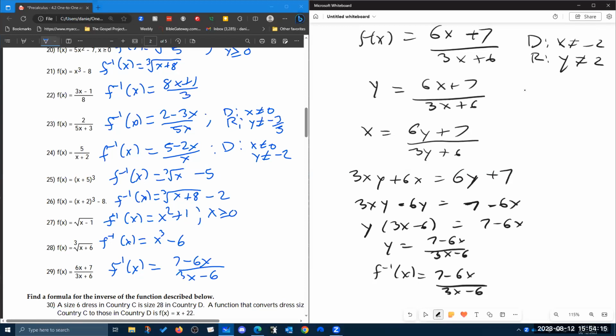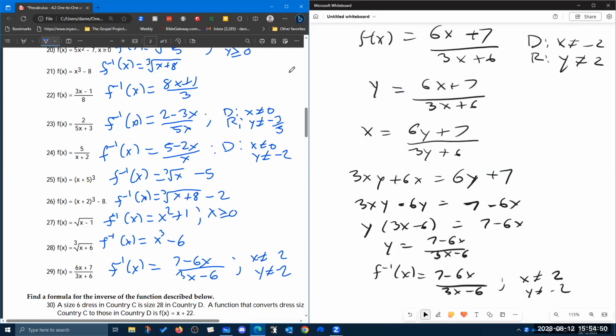And you're going to see that down here, x can't be 2, and y can't be -6 divided by 3, which is -2. So the domain and range did switch here. This can't be -2, y can't be, sorry, this was positive, that's negative. There we go.